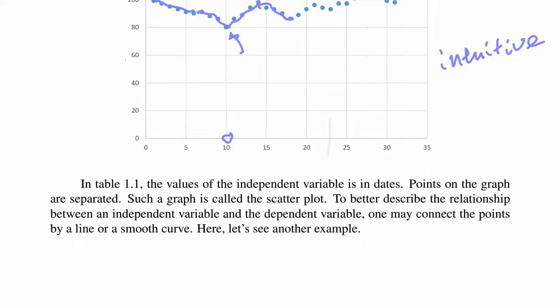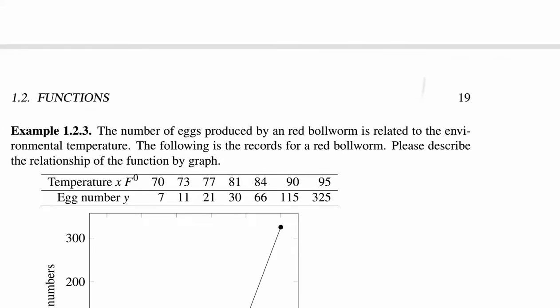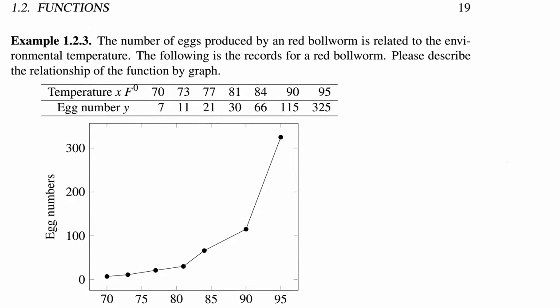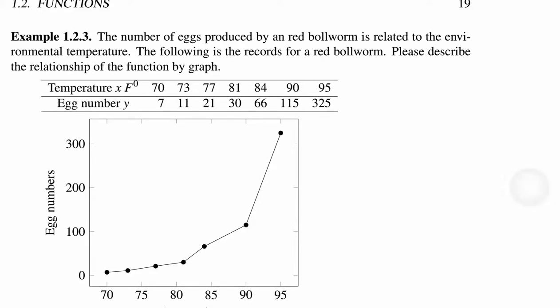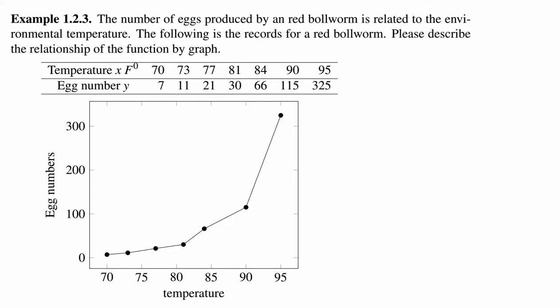If you look at this example, the number of eggs produced by a red bollworm is related to the environmental temperature.